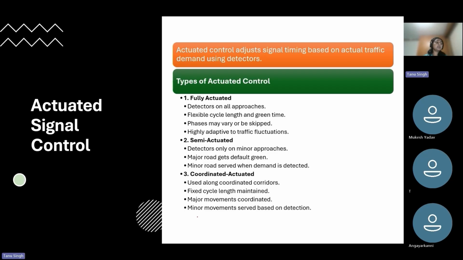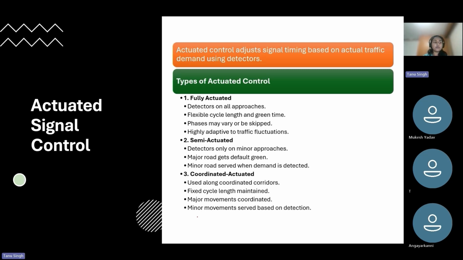So here the green time is not fixed, and sometimes even the cycle duration is not fixed. It all depends upon the traffic volume on a particular approach. If one approach has more traffic compared to the other, we give more green time to the first approach.